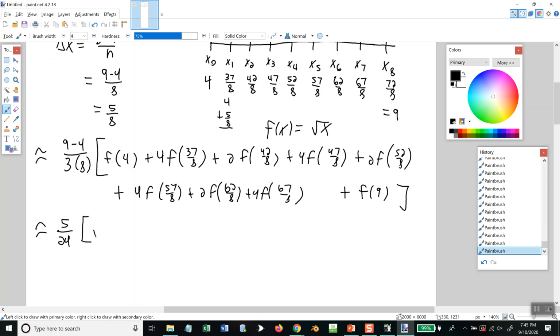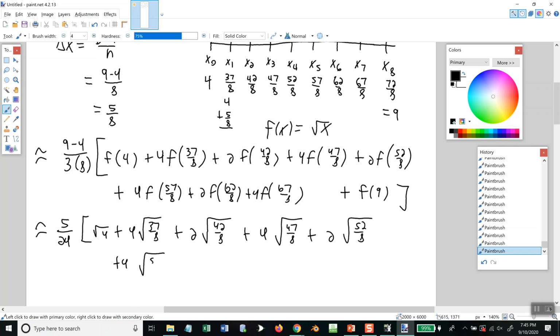Plug 4 in, so I've got square root of 4 plus 4 square root of 37/8 plus 2 square root of 42/8 plus 4 square root of 47/8 plus 2 square root of 52/8 plus 4 square root of 57/8 plus 2 square root of 62/8 plus 4 square root of 67/8 plus square root of 9.